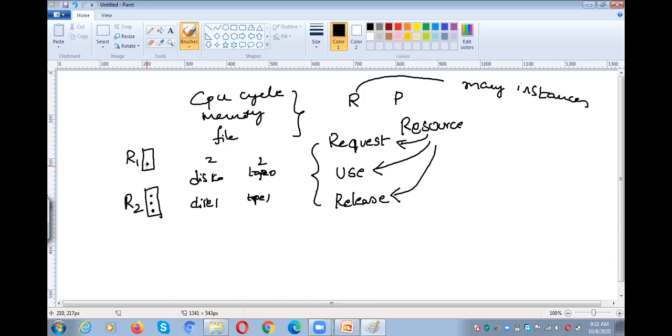In this particular example it is represented like a dot. By using this, we can say there is only one R1 type resource available and three R2 type resources available. Those are what we usually call instances. Okay.